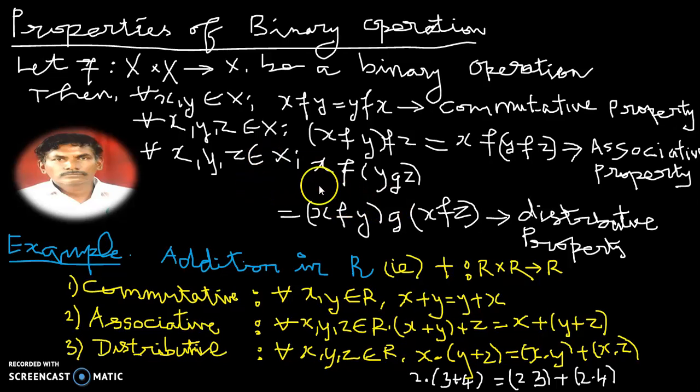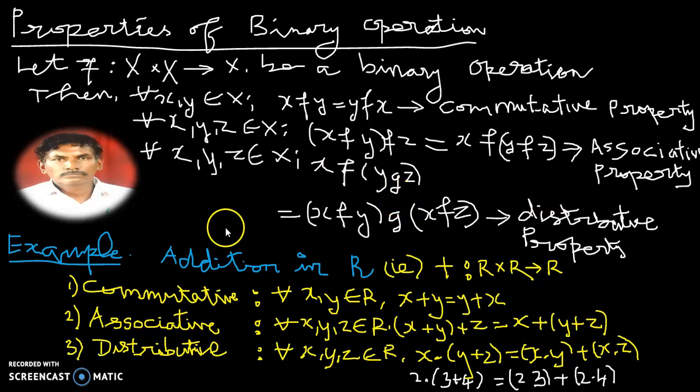So x f (y g z) would be equal to (x f y) g (x f z). This property is called the distributive property. That is, x is distributed over y and z by the first operation, and then combined with the second binary operation.